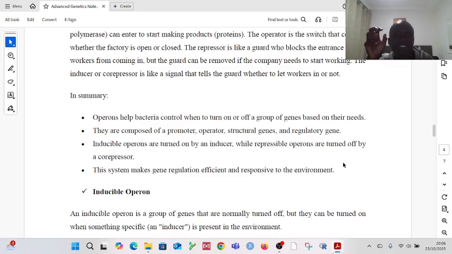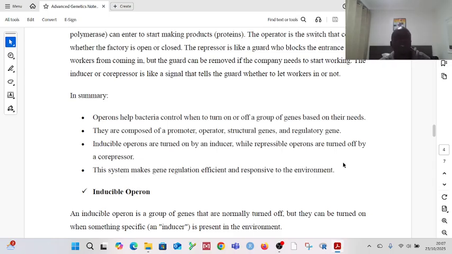It makes that regulation efficient and responsive to the environment. Efficient because there is no wastage: a gene is only expressed when there is a need. Responsive because the gene is expressed in response to a change in the environment.